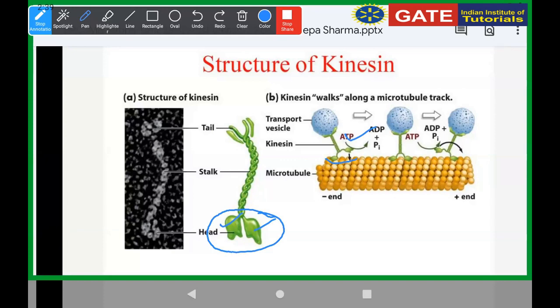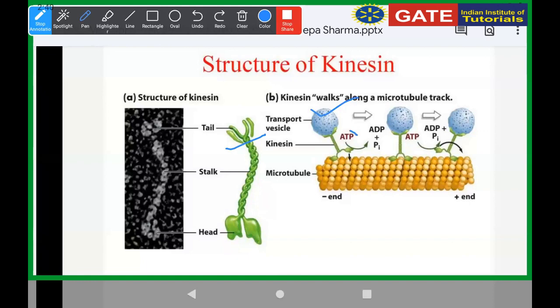Understood? Yes, ma'am. See, it binds to the microtubule, and it binds to the ATP. Now ATP gives energy to transport this vesicle. So the tail binds the vesicle or transport particle, anything.